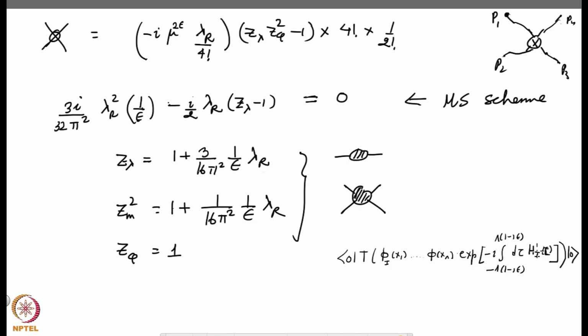But this piece includes this vertex, which is already order lambda_R squared. So even though I have a term which is order lambda_R squared, you do not get that 1 over 2 factorial. This would have been true if none of the terms in H_I were lambda_R squared.